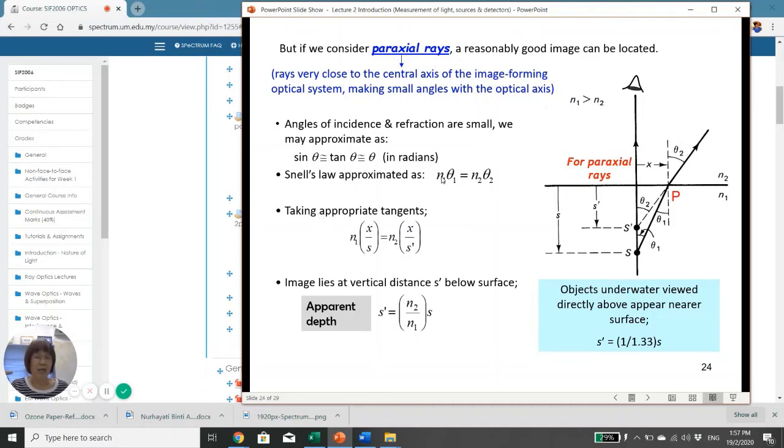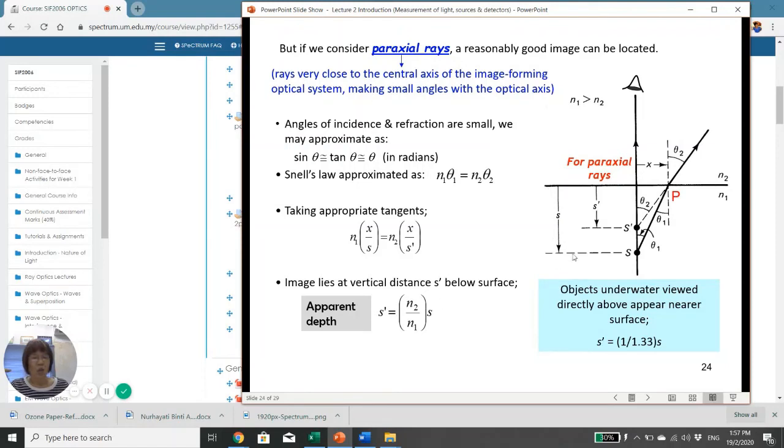And we replace these angles with the appropriate tangents. If you consider this distance x, we will have n1 x over s equals n2 times x over s prime.